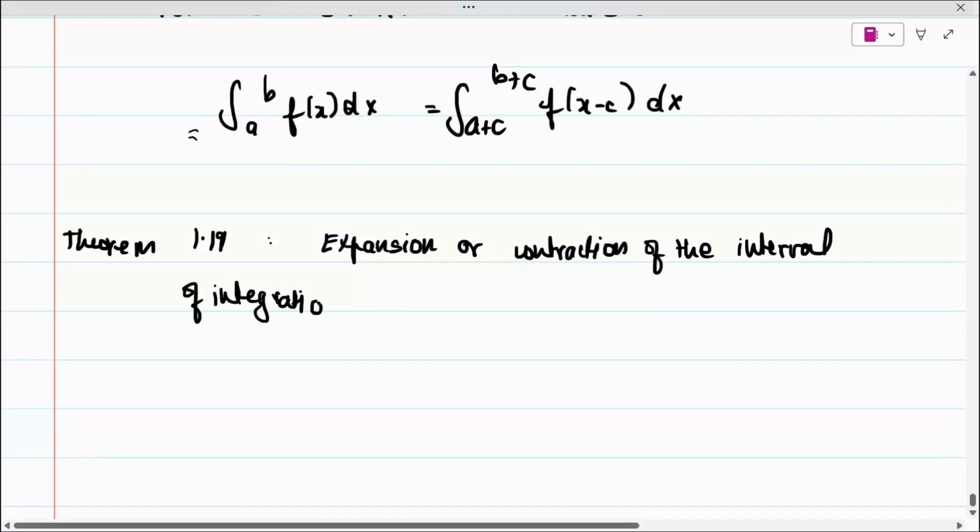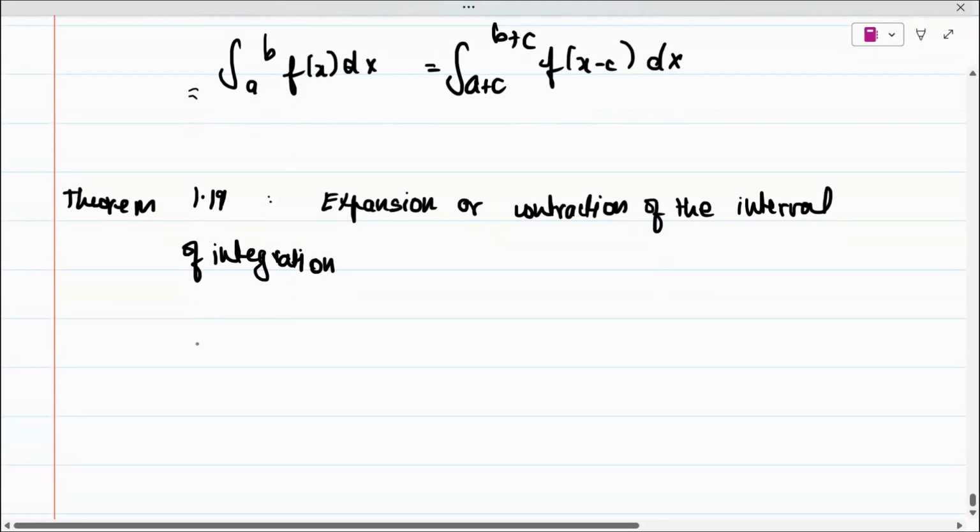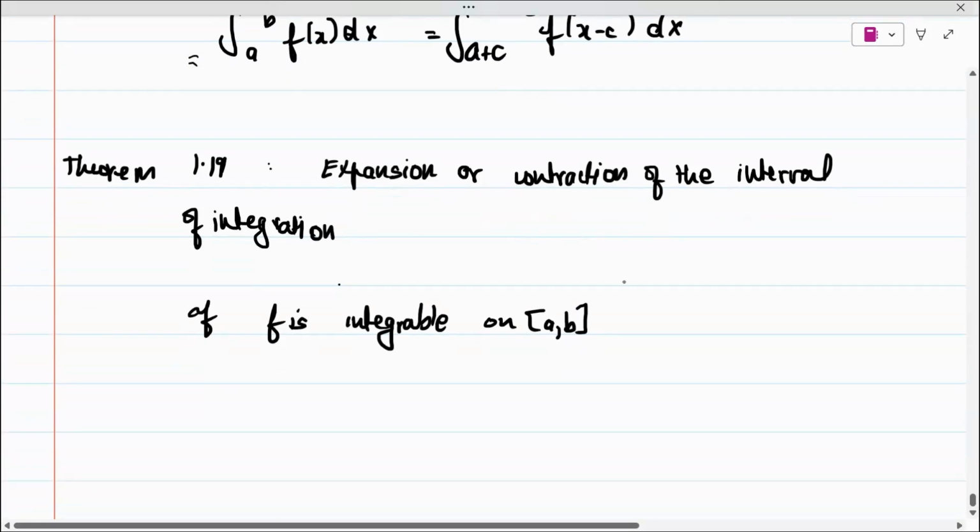Expansion or contraction of the interval of integration. That is, if f is integrable, it doesn't have to be monotonic, but you can say if it is monotonic.